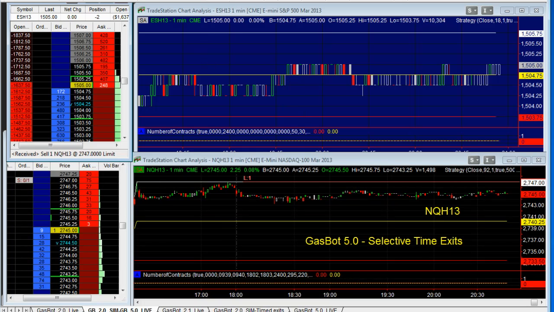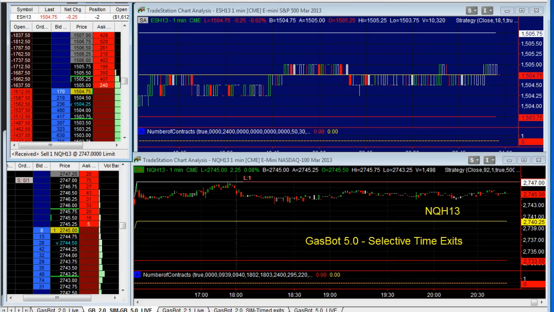What that means is that I took the code for the time exits and made it so that I could have varying time exits depending on whether we were in the overnight trade or the regular day trade, to see if the different timed exits perform better. And in fact they do. So I've put that into the code, but I don't want to get too far off subject here.